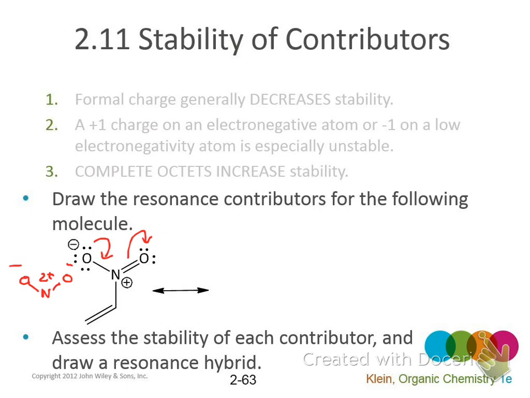That's the intermediate that we kind of drew in the last examples, right? Where we just move the double bond but don't satisfy the octet by bringing in a pair of electrons. Okay, so the first resonance contributor could be something like this.